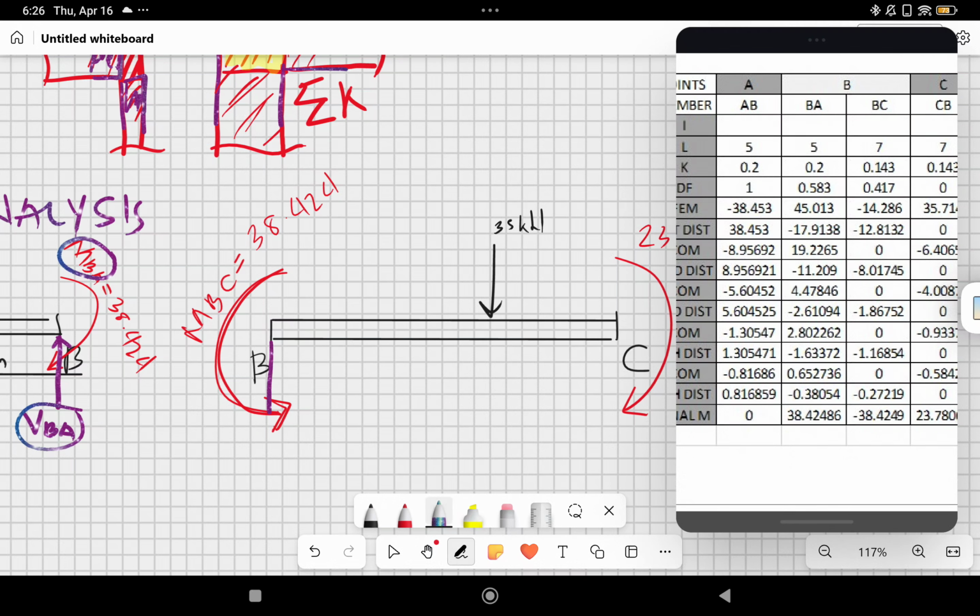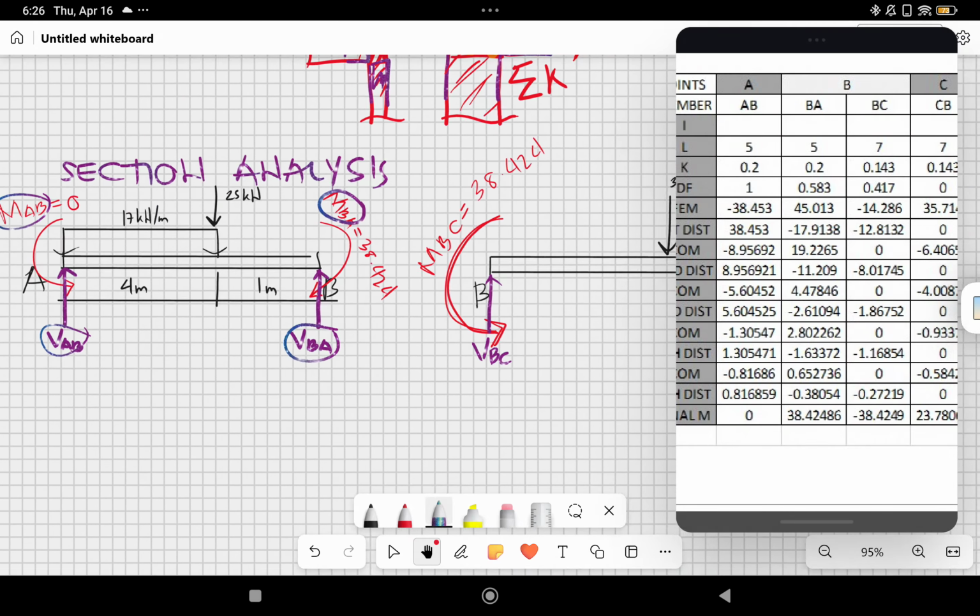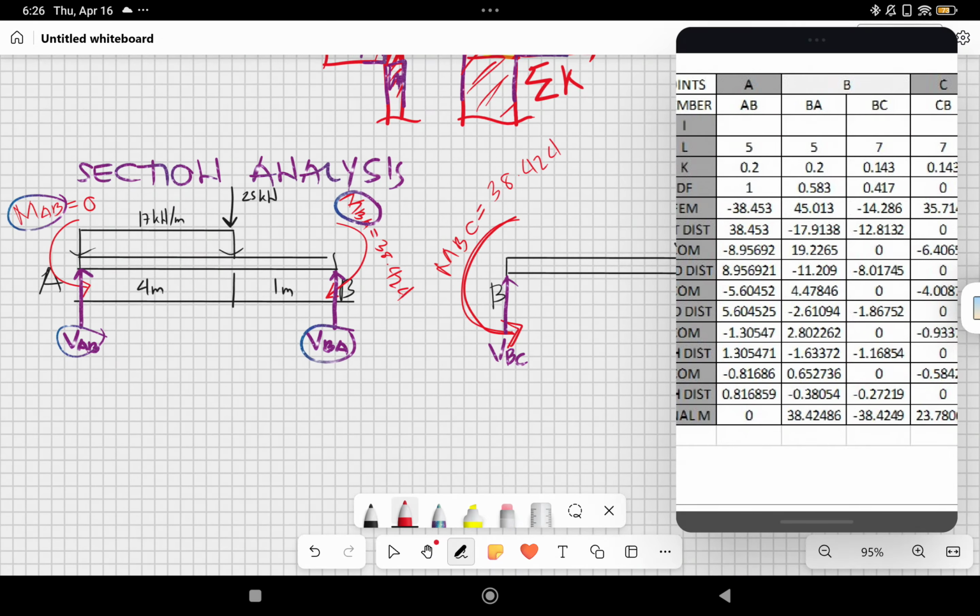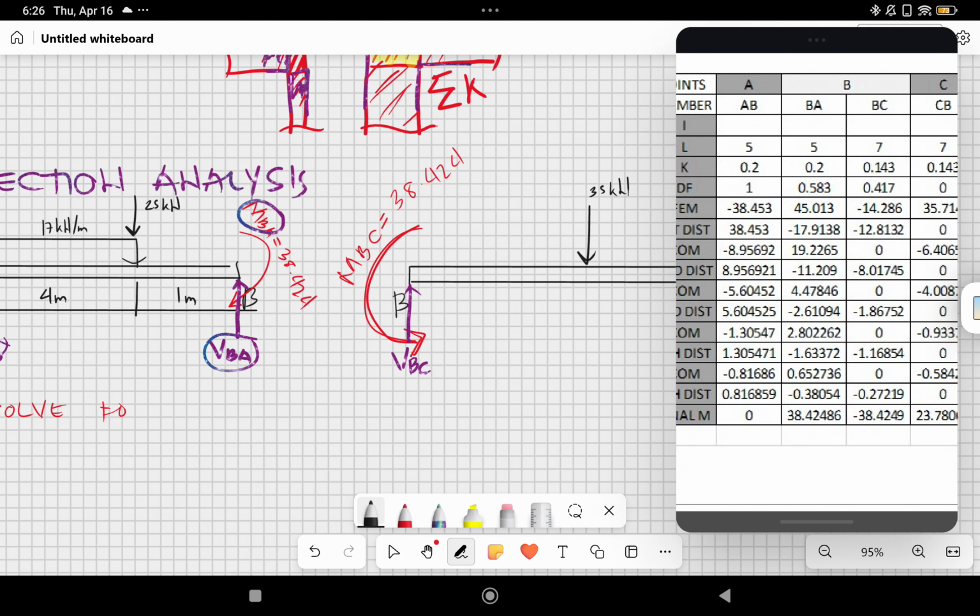Okay, dito naman, you have 35 kilonewton. And then, dito meron kang VBC, VCB. So the next step is you just analyze or solve for the shear forces. So, wala pa palang length to.